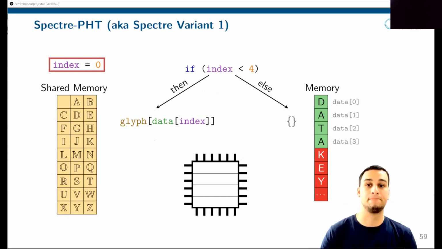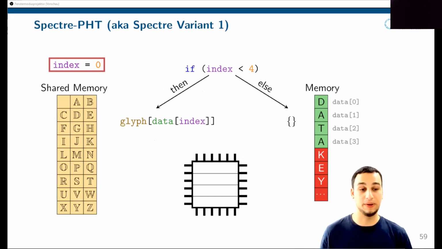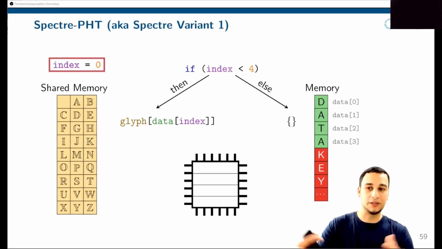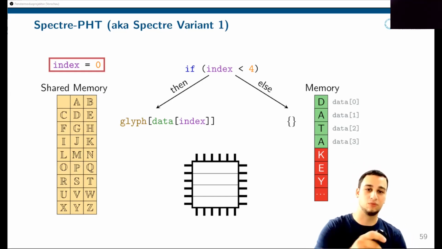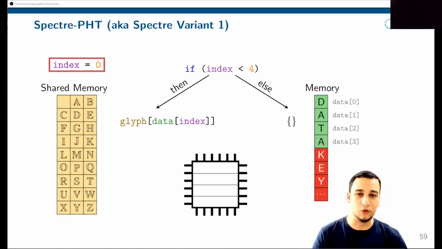And again, we have our shared memory, which can be shared within our own application here for example, consisting of 256 pages. And then we have our Spectre gadget here with an if, with a bounds check, and some memory. So what are we going to do in this code snippet?